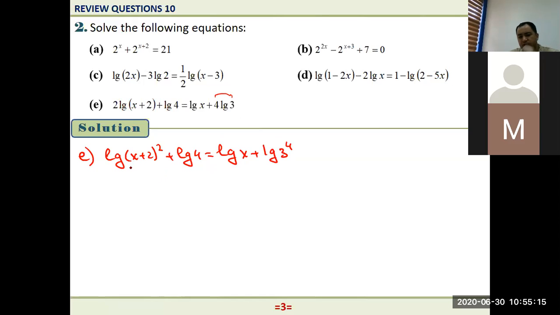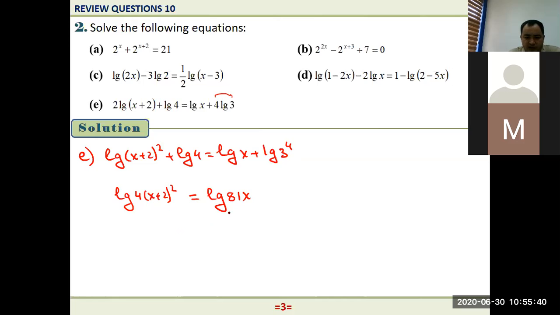Now we can use the property of logarithm. Bases are the same and they are added, so that's equal to lg of this thing times this thing. That's equal to 4 times x plus 2 squared. On the right hand side, lg 3 to the power 4 is 81. It is added, bases are equal, so here we have 81x, right?